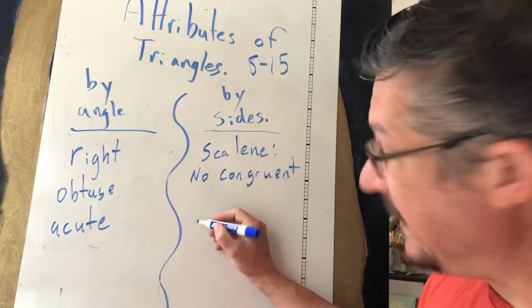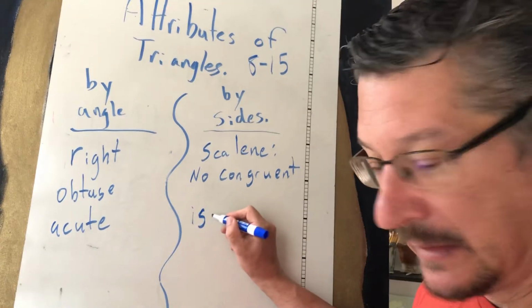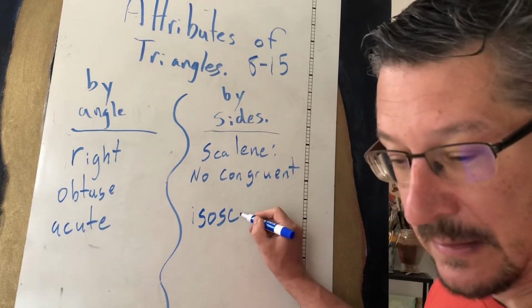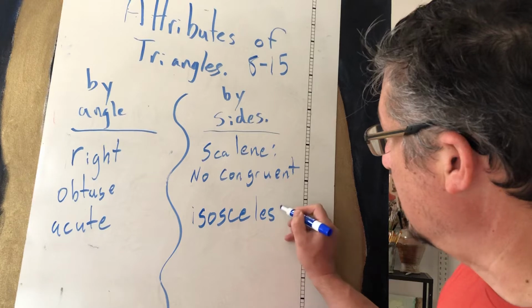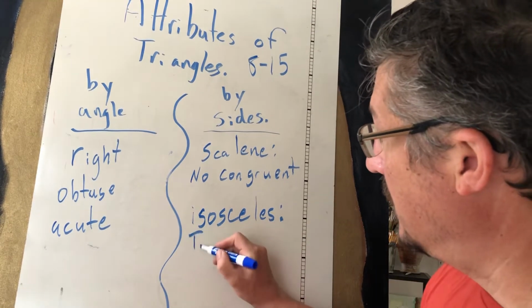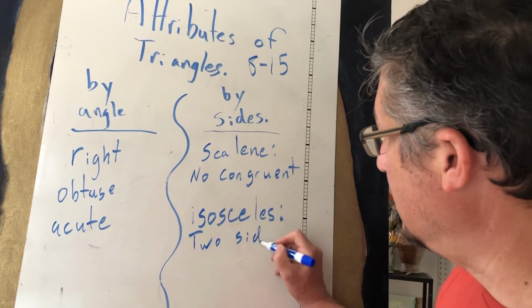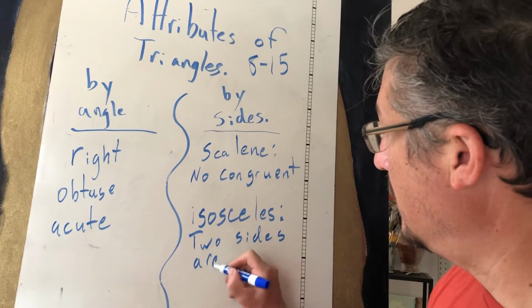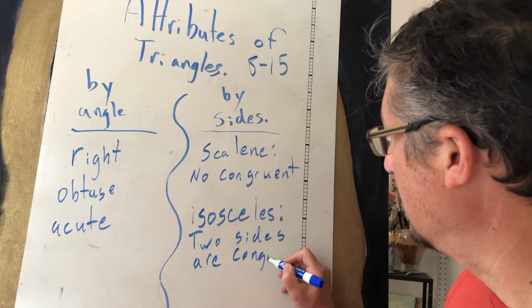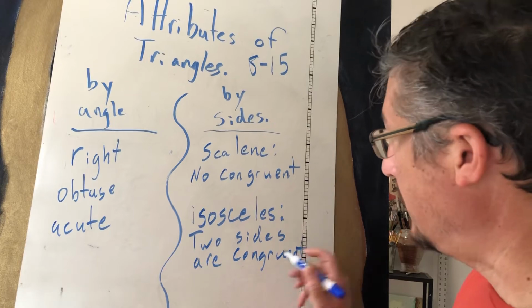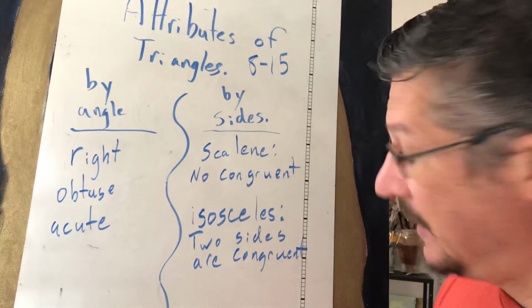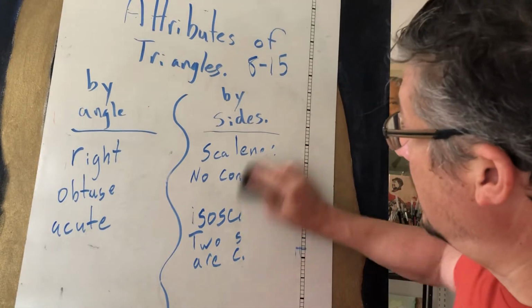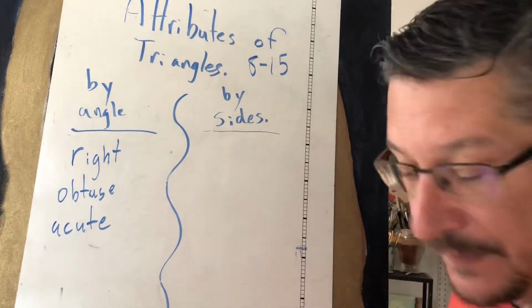Then we have isosceles. In isosceles, two sides are congruent. Okay, and I'm going to erase and I'll write them all up here.